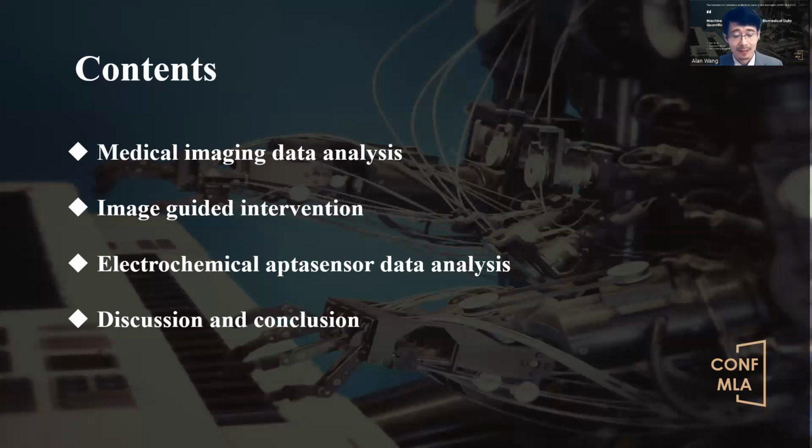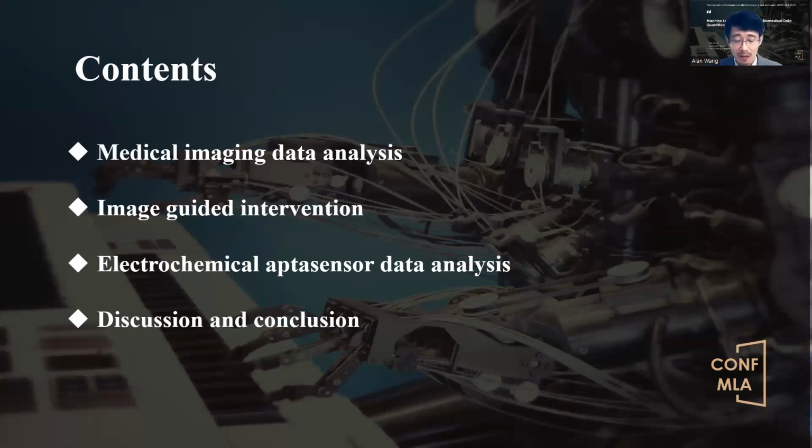For image-guided intervention, we know that image-guided intervention basically refers to the utilization of real-time imaging data during medical procedures to deliver precise and accurate interventions. Machine learning in this application can assist in making critical decisions during interventions and optimize the surgical outcomes.